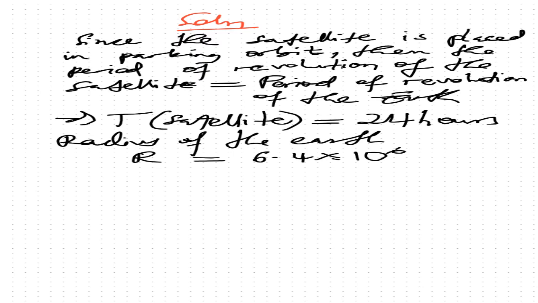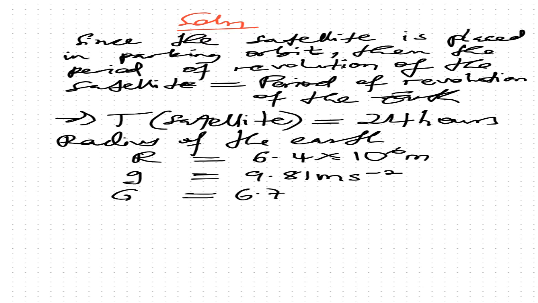So meters. Then our small g we know to be 9.81, and our capital G as 6.7 times 10 exponent negative 11.